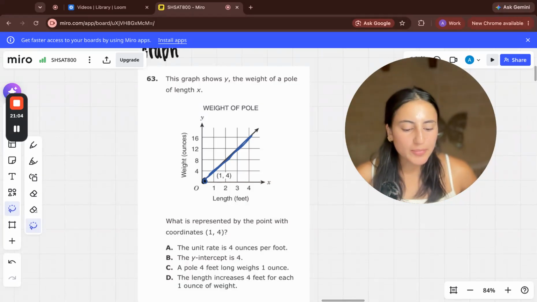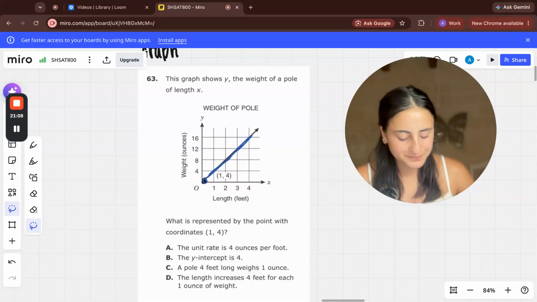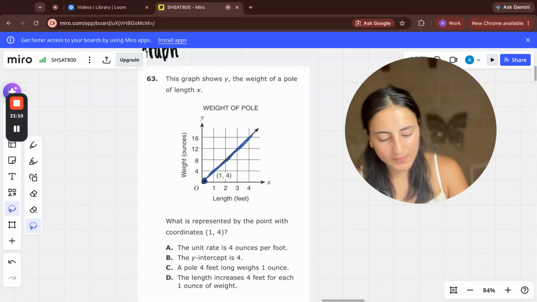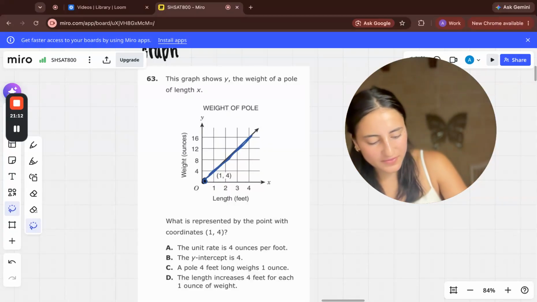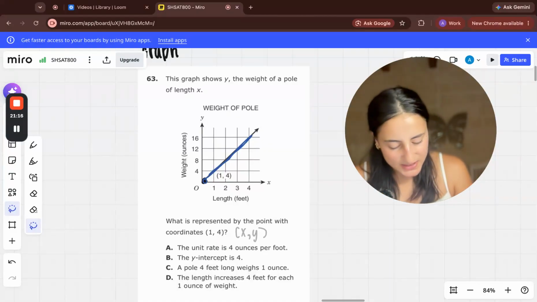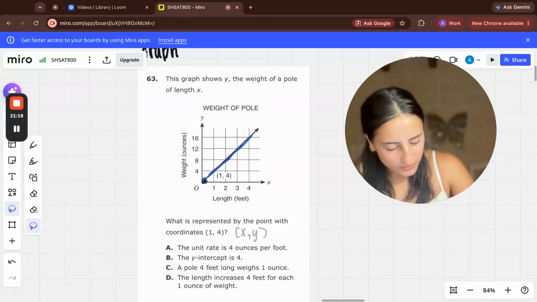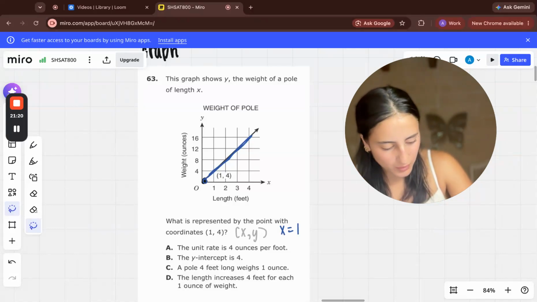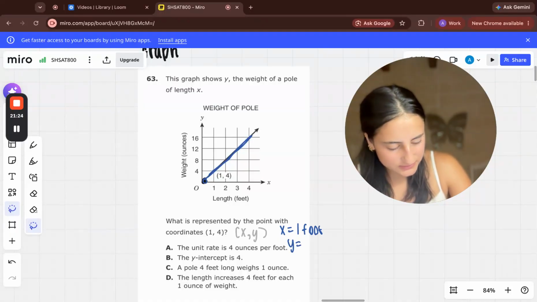Now it's asking what is represented by the point with coordinates (1, 4). If you're familiar with coordinate points, you would know that this is (x, y). That means that when x equals 1 foot, y equals 4 ounces of weight.